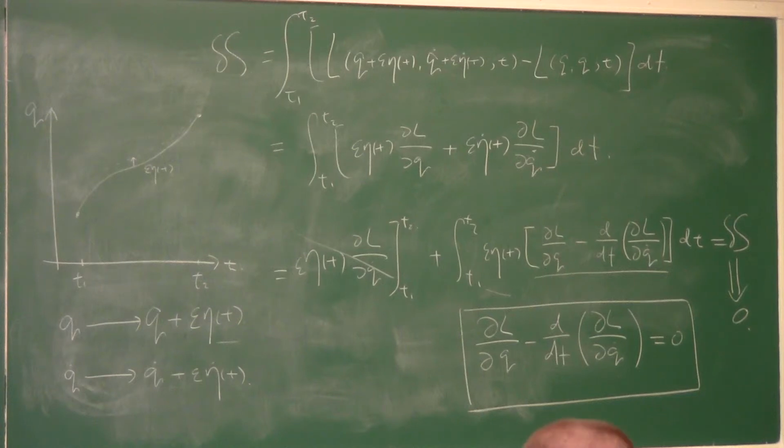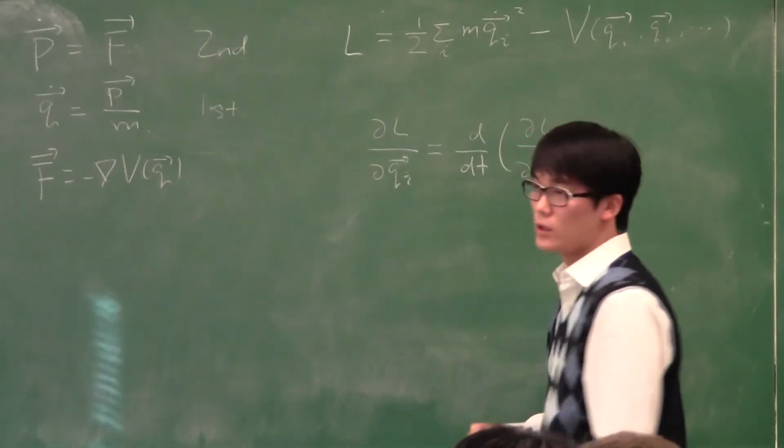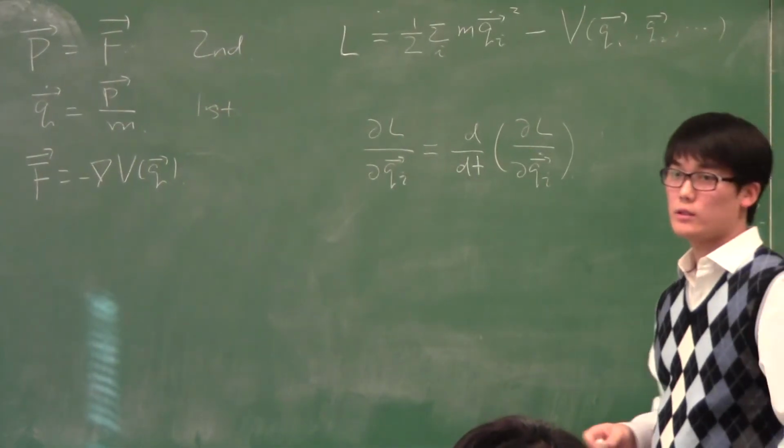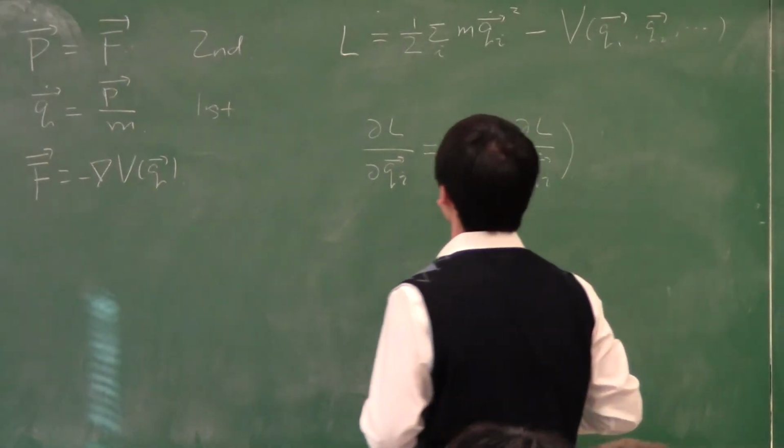Now for each coordinate, we're going to apply the Euler-Lagrange equation, which can be written as follows. Taking the derivative with respect to a vector is just like the gradient. If you're uncomfortable with doing this, let's just restrict to a one-dimensional case here.